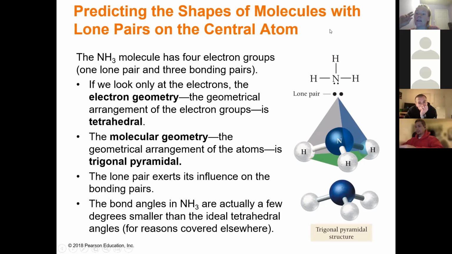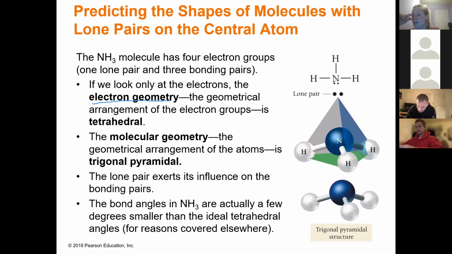We now need to start talking about the electron geometry versus the molecular geometry. The electron geometry is talking about the arrangement of the electron groups. So this is sort of what you've already done. Count up the electron groups around the central atom and name it.